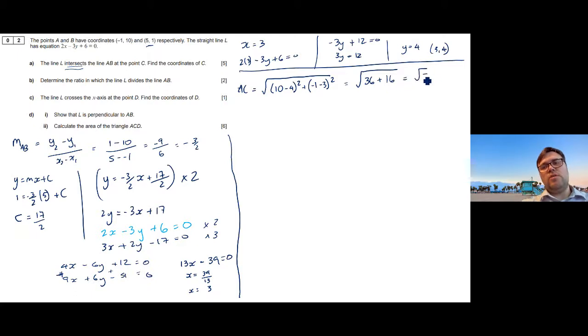That is the square root of 52. Then if we do BC, in principle, we have B: 1 minus 4 squared, and plus 5, is 3.